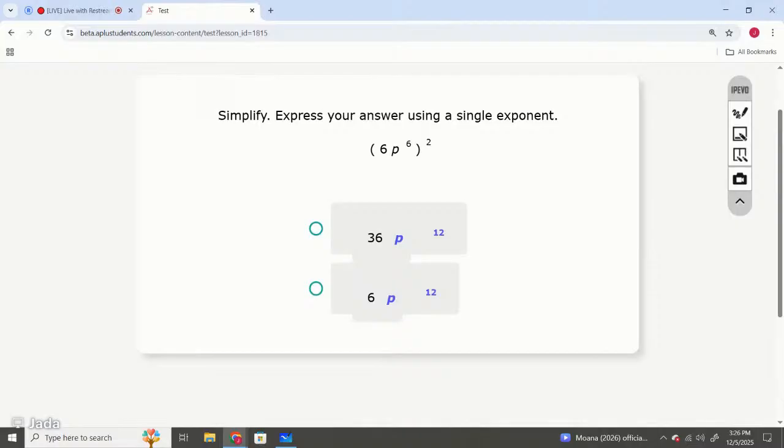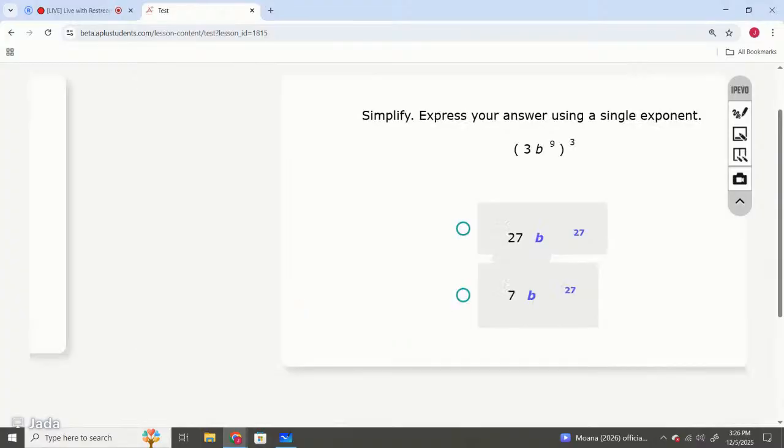Simplify 6p^6. So which is the correct option? That is 36p^12. Option number 1 is the correct option.